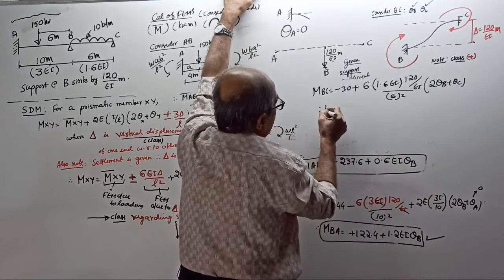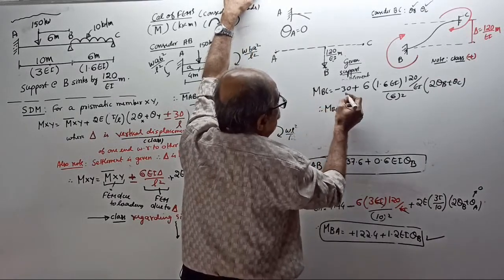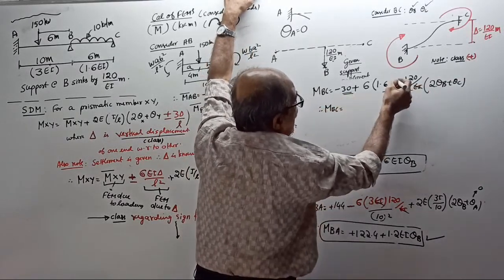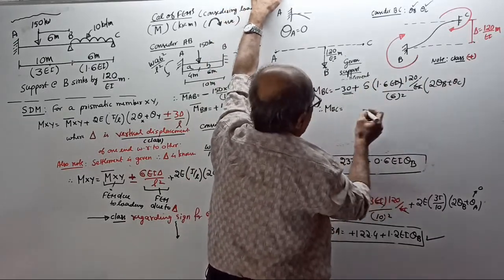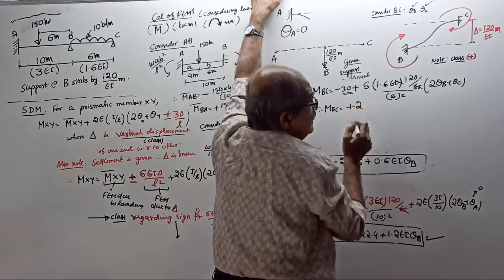Therefore, your M_BC will become minus 30; EI cancels, and these two together will give you plus 2. Check the answer. It gives you plus 2.